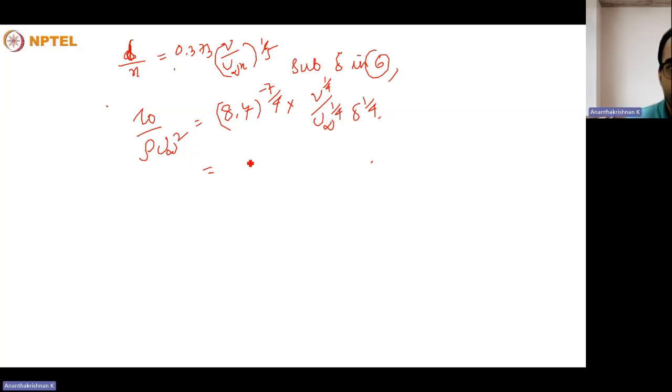So it will be equal to 8.7 raised to minus 7 by 4 into nu by u infinity delta raised to 1 by 4. So this is just clubbing a few terms together.